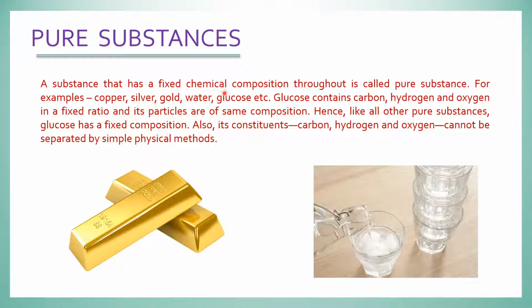and their chemical composition is fixed. Meaning, carbon atoms we take 6, and hydrogen atoms we take 12, and oxygen atoms we take 6. So we cannot change their composition.